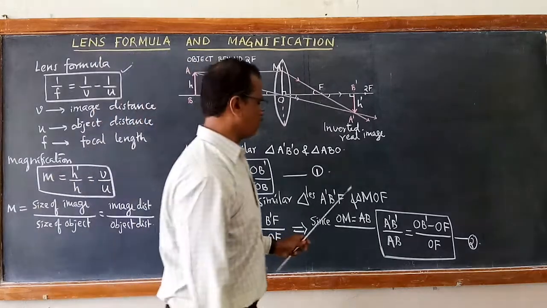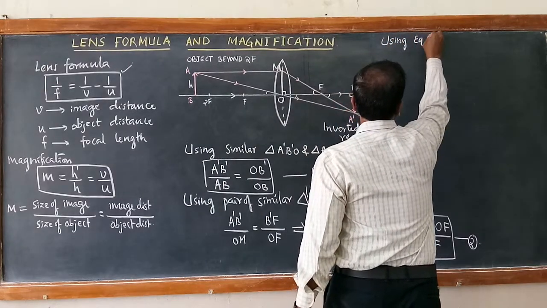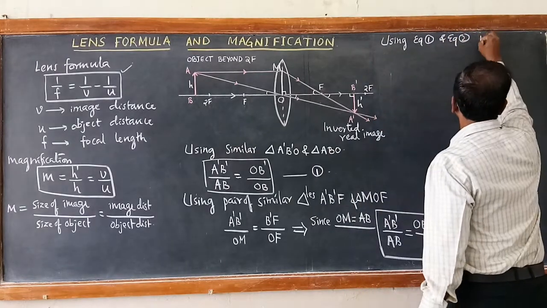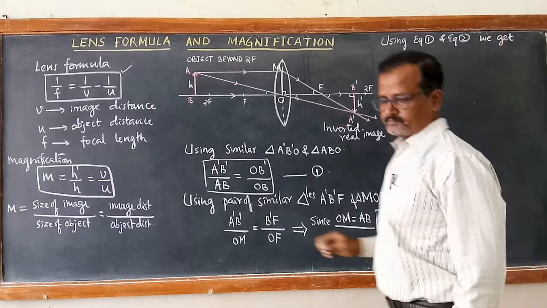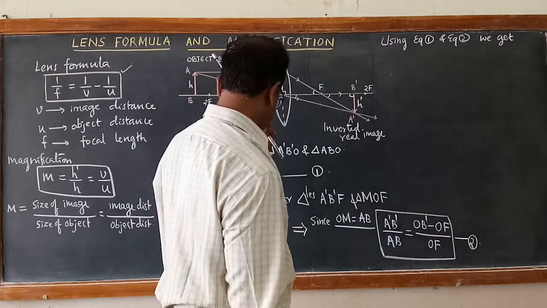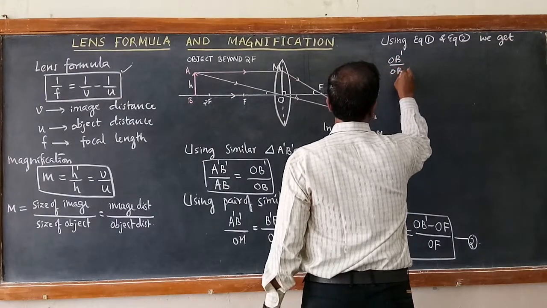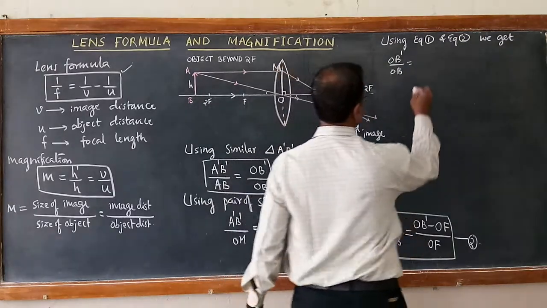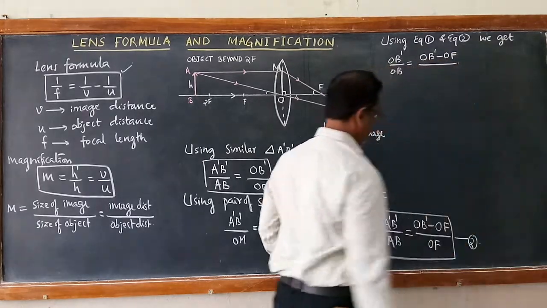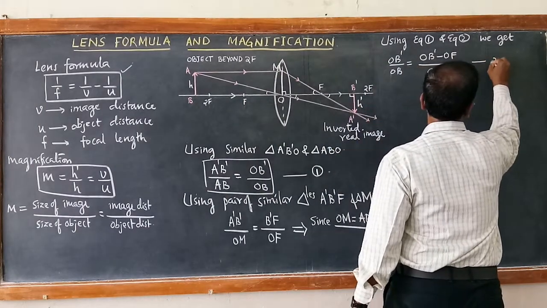Equating RHS of 1 and 2, using equations 1 and 2, look at this, we get OB' by OB equal to OB' minus OF divided by OF. Call this equation number 3.